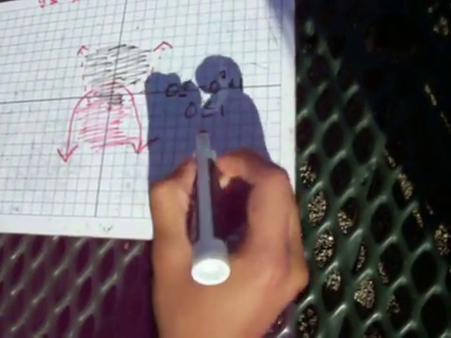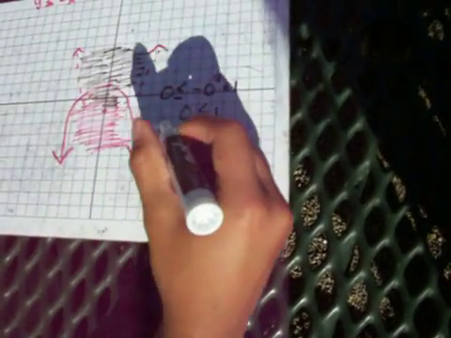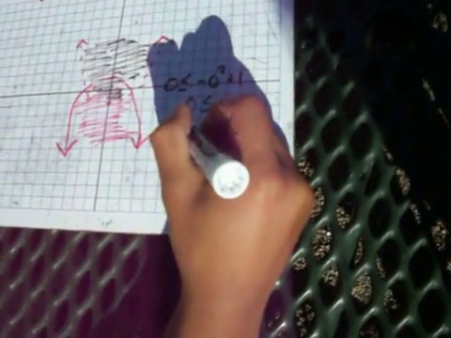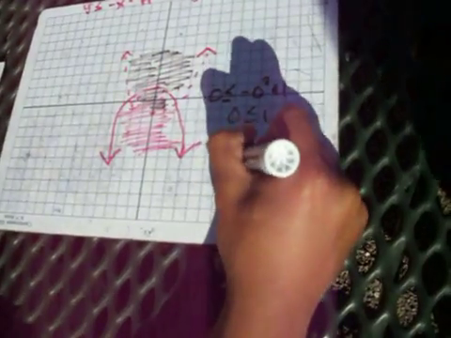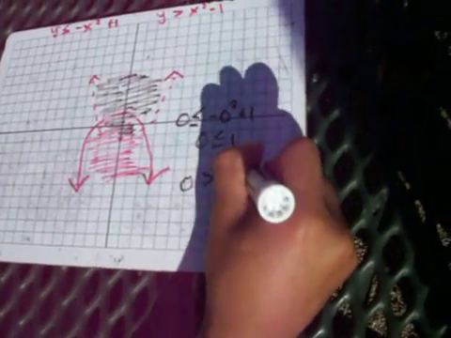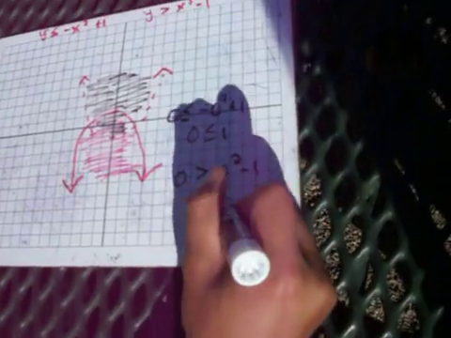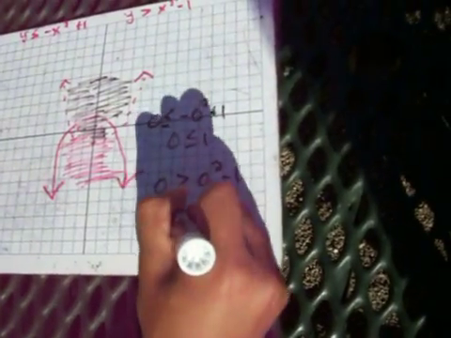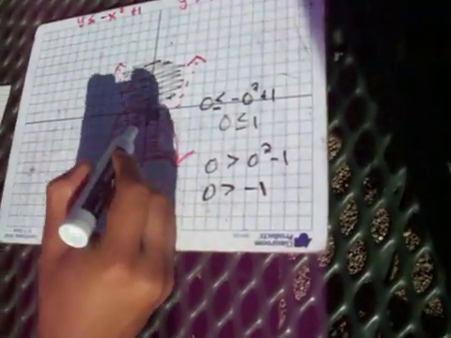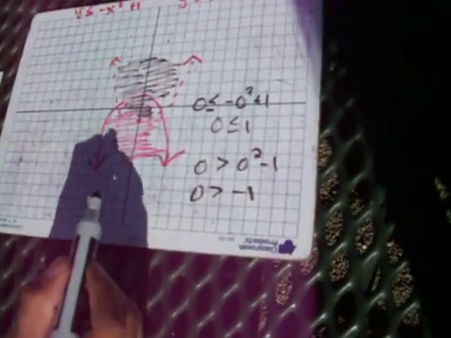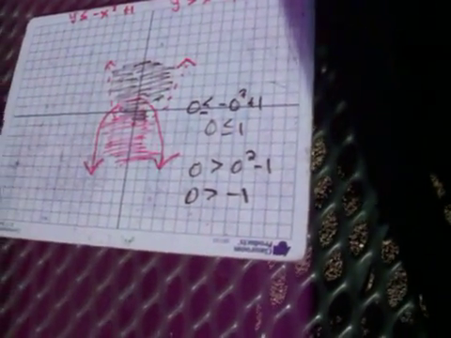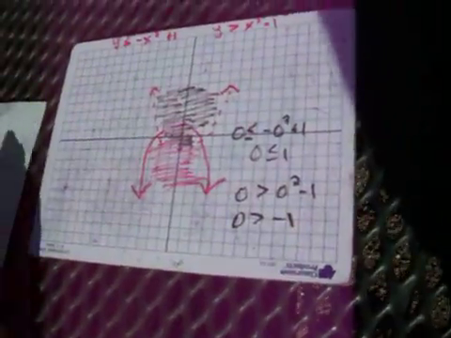So that one works. And then we can plug it into our other one to double check. So 0 is greater than 0 squared minus 1. So that's 0 is greater than negative 1, so we know that all our solutions will be in this double shaded region, and that's how you graph a quadratic function.